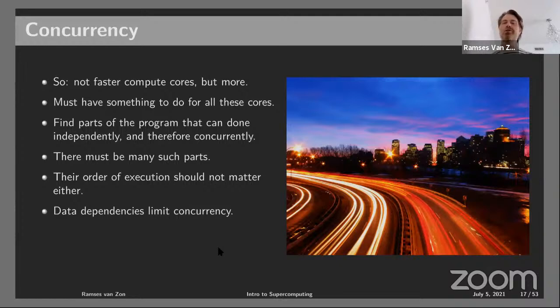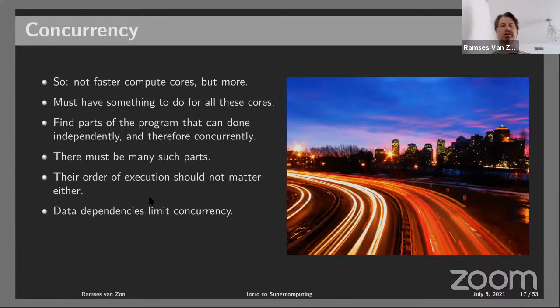And what could destroy this concurrency, this idea that cores can run things at the same time, is data dependencies. If one stream, one thread produces a bit of result that another thread needs, that other thread will have to wait for it. So those are data dependencies.